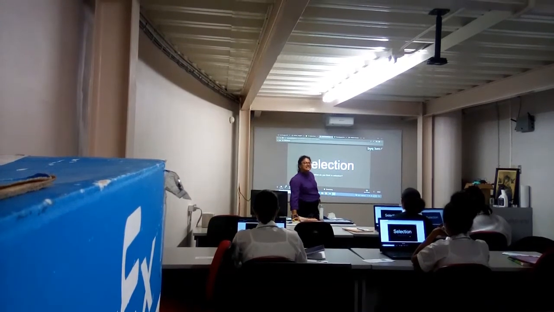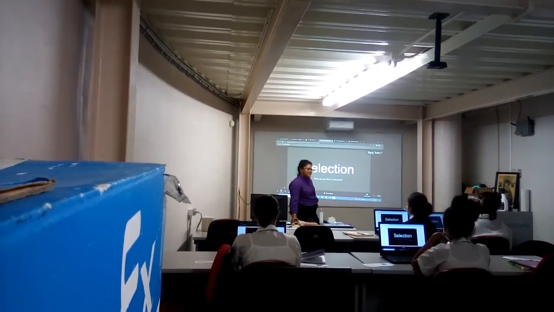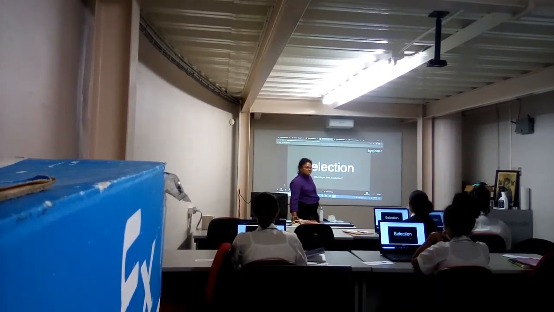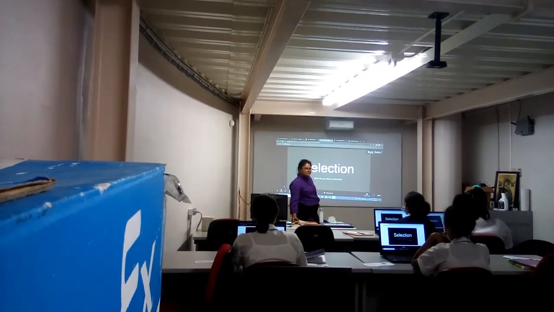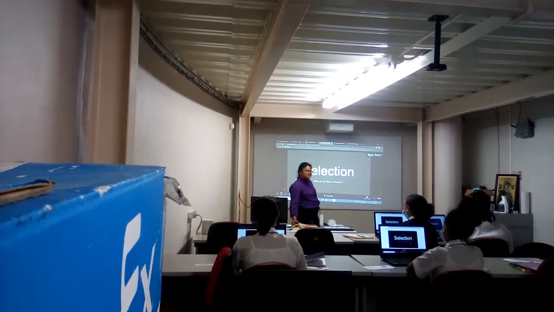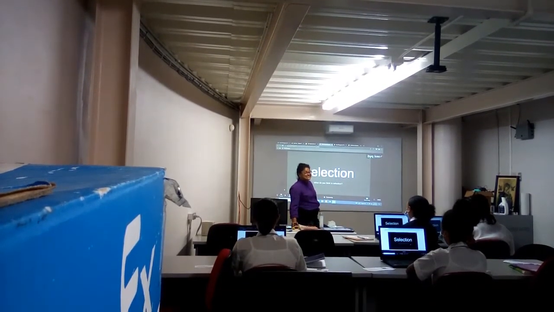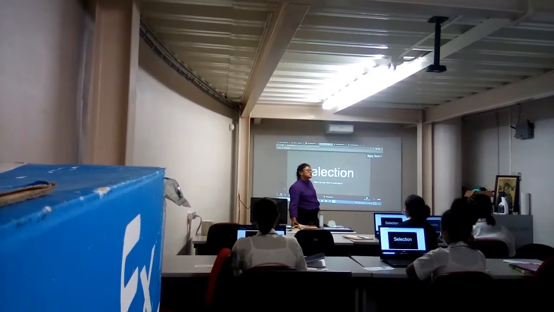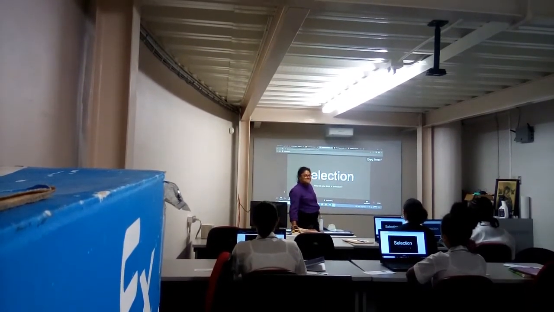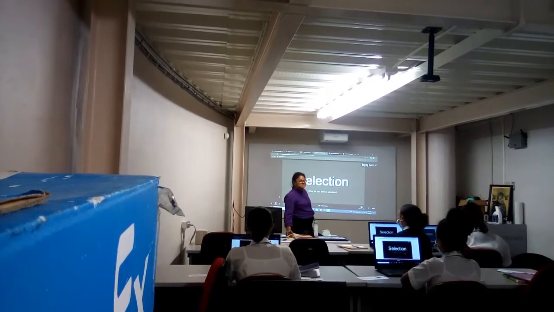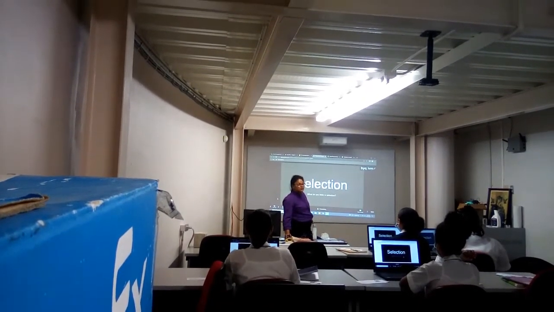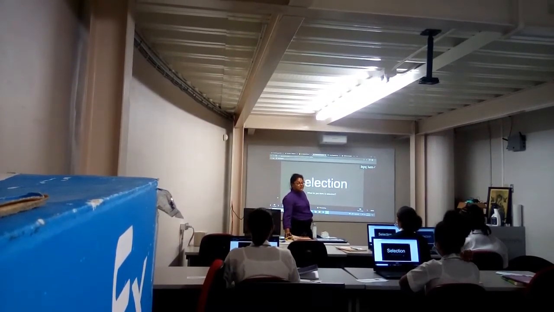Next one. So selection. What do you think this selection is all about? Do you have to select things? In fact, you had to select something recently. Subjects. Yes. What determined what you wanted to do? What profession, I saw a lot of you, what options you want to do career-wise.